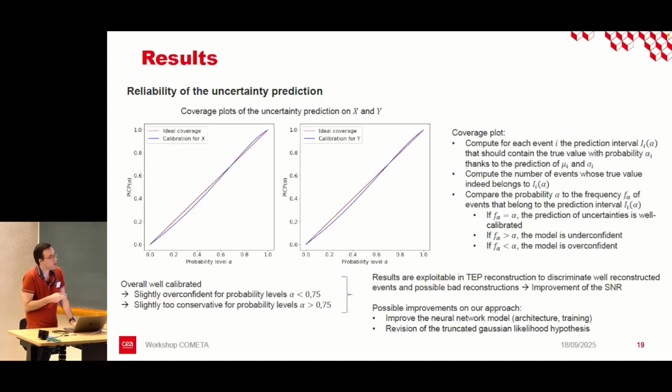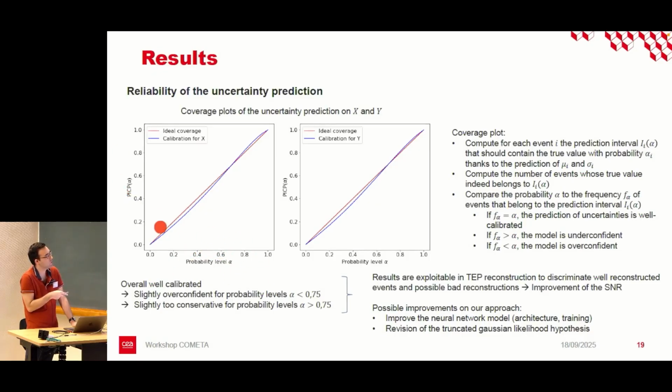So a last validation is the validation of the uncertainty, because we predict uncertainty, but maybe the neural network can predict uncertainty that is not relevant. So we have to verify if the uncertainty is correctly predicted. What we use is what we call coverage plots. The coverage plot represents the probability level of a certain interval, so an interval of positions.